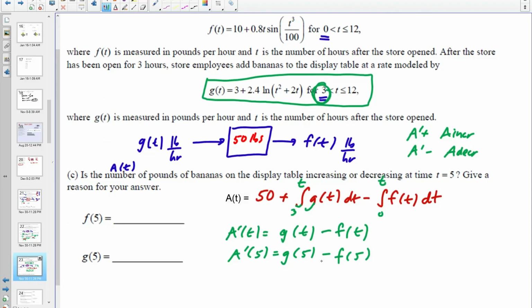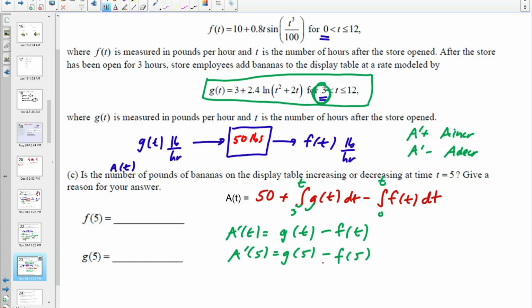And that's what we talked about before. If the rate of money going in is more than the rate of money going out, this will be positive and my money will be increasing. If the rate going in is less than the rate going out, then my amount of money is decreasing, so this number is negative. It's really the same thing that we talked about before.